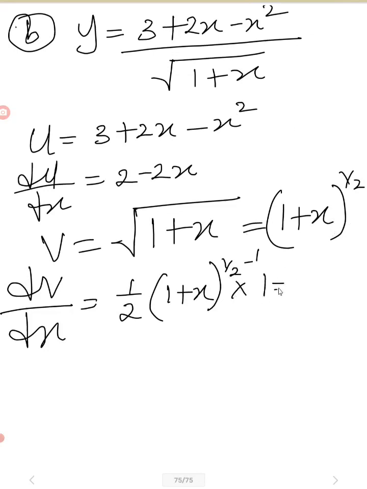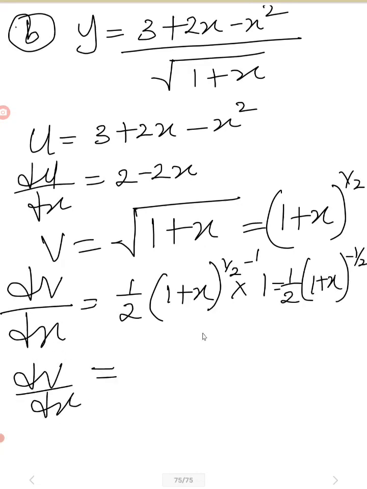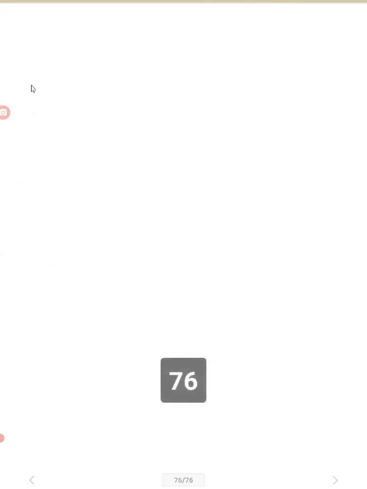So it still gives us 1 over 2 onto 1 plus x raised to power minus half. So dv with respect to s will be 1 over 2 onto 1 plus s raised to power half, because this one is minus. We have all what we need at this junction.